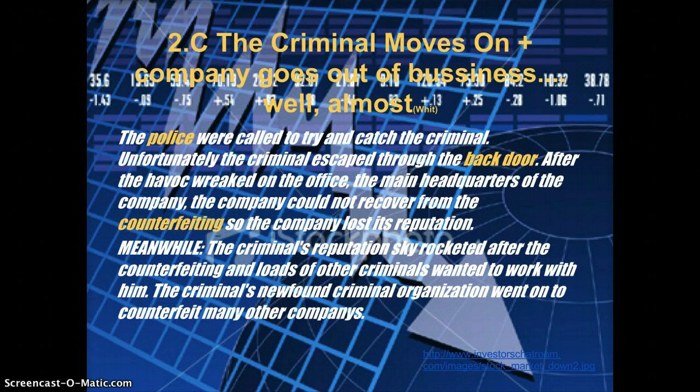Next, the police were called to try and catch the criminal, except they didn't catch the criminal as he escaped through the back door of the office. Then the main headquarters of the company, which was the one that the criminal attacked or counterfeited, lost its reputation and almost went out of business. Meanwhile, the criminal's reputation went way up after the counterfeiting, and lots of other criminals wanted to work with him.